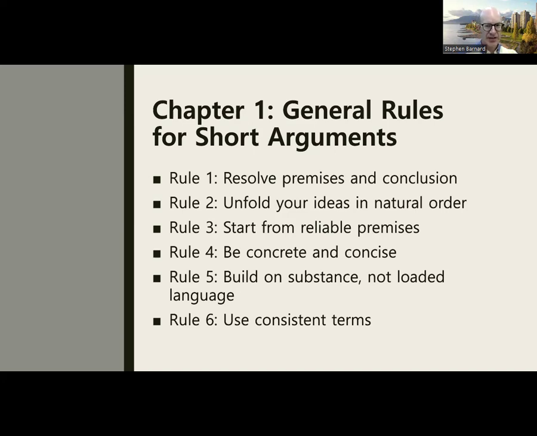If you listen to somebody make an argument, you have to distinguish what are their premises and what is their conclusion. Is there one single conclusion that the person is trying to make? It's not always clear, especially if a person has not rehearsed their argument in advance.